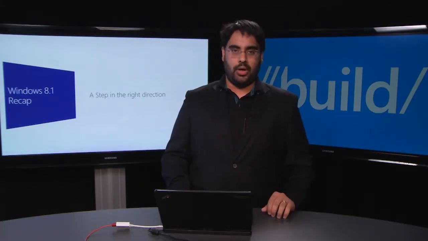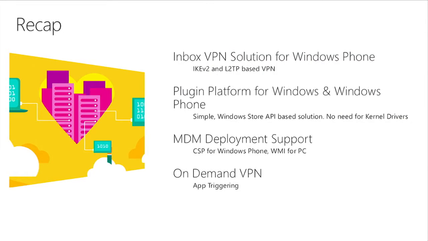Before we go further though, let's look at what we did in Windows 8.1 and how we are building onto that story. In Windows 8.1, we delivered an inbox VPN solution for Windows Phone. This enabled IKEv2 and L2TP based VPN connections via the phone. We also started a project called the plugin platform for Windows and Windows Phone.